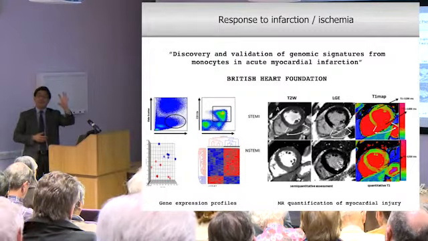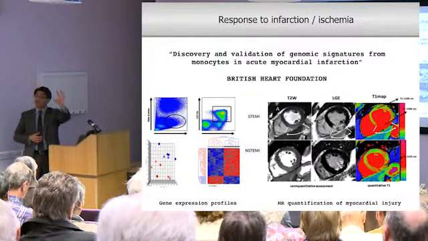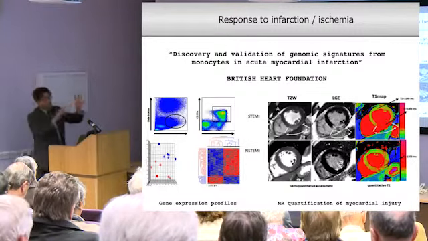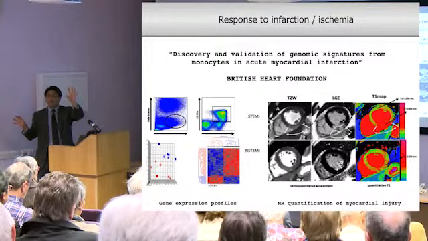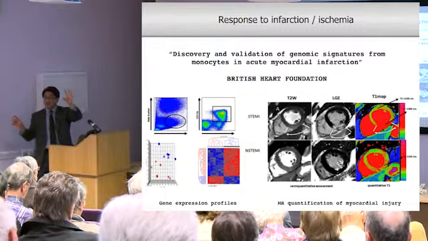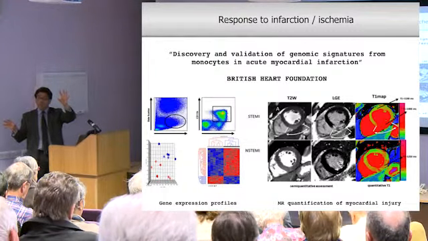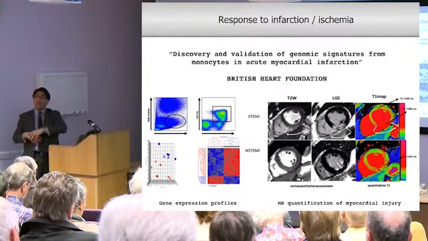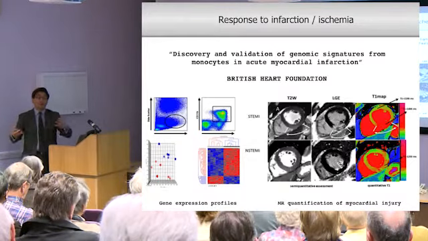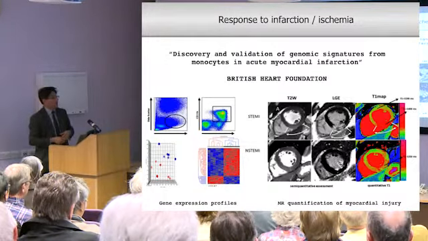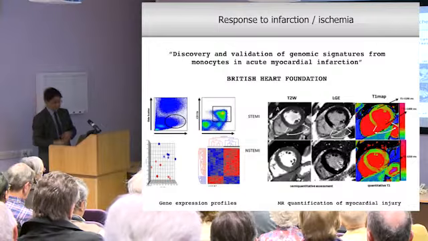And then to marry up what we see happening in the response in the cells to what we see happening using the imaging. So to characterize the heart attack using the imaging so we understand what's happening in the patient, and then to lay it bare, lay it open in terms of the inflammatory response using the functional genomics.